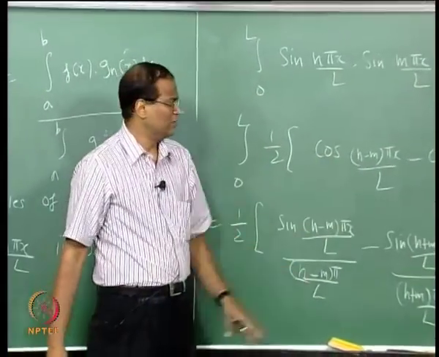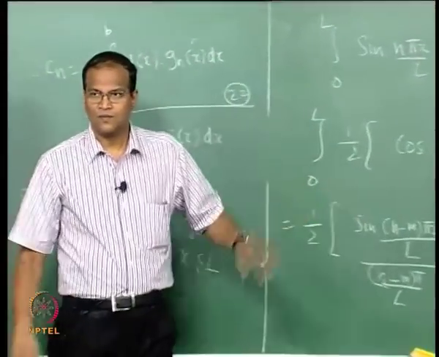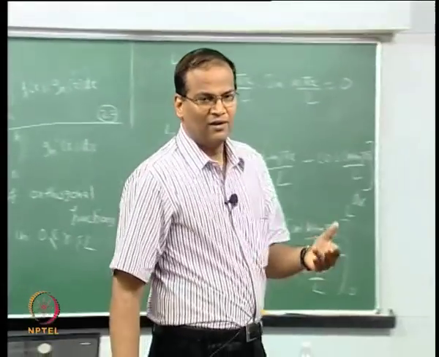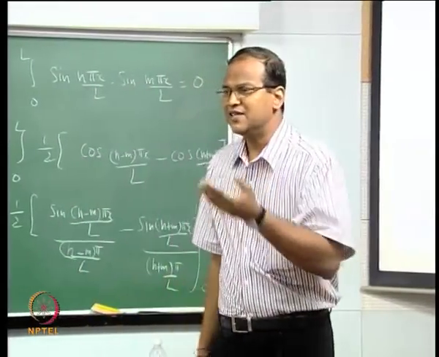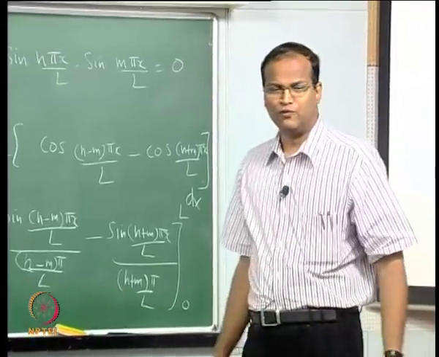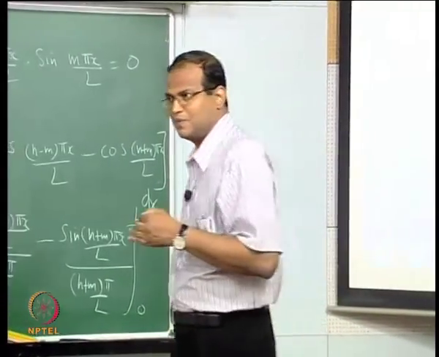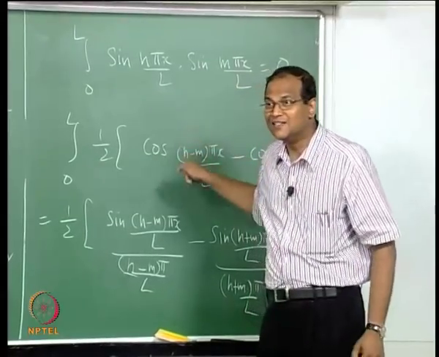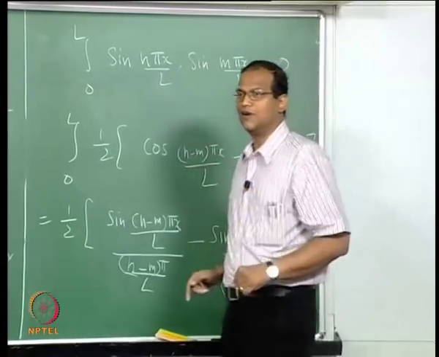Lower limit both are 0; upper limit, n is a number, m is a number, n minus m must be 0, 1, 2, 3, so sin of that multiple of pi is 0. Am I too fast? Everything is 0. If everything is 0, sin n pi x by L is orthogonal.